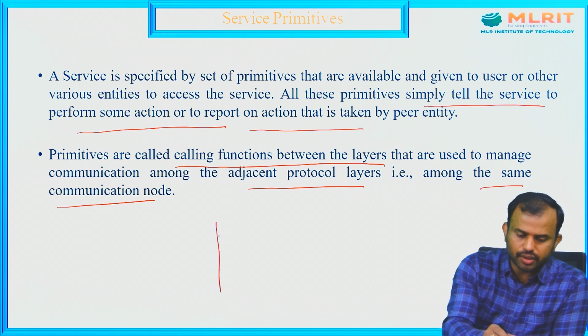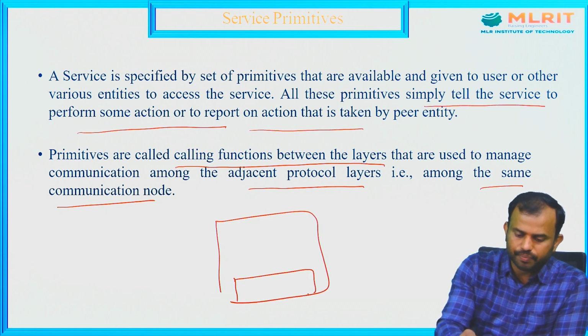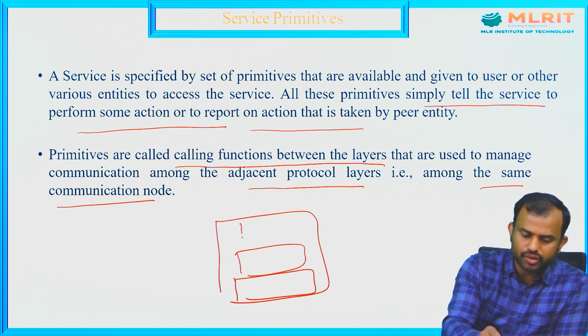In the network architecture, how many layers do we follow, 4 layers or a 7-layer mechanism?